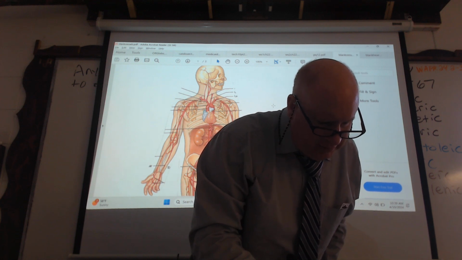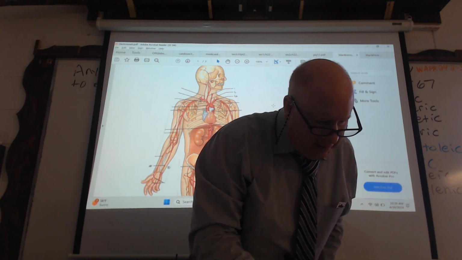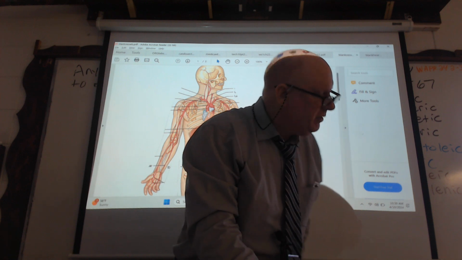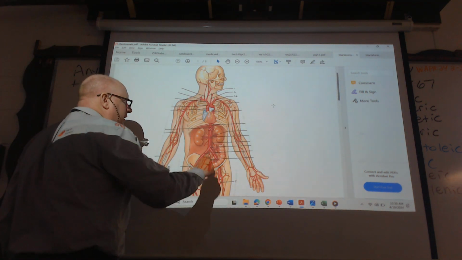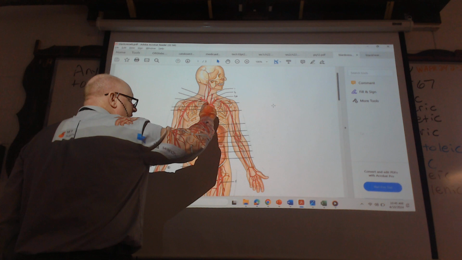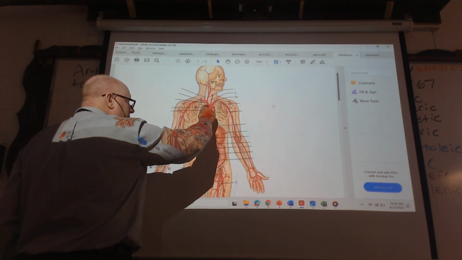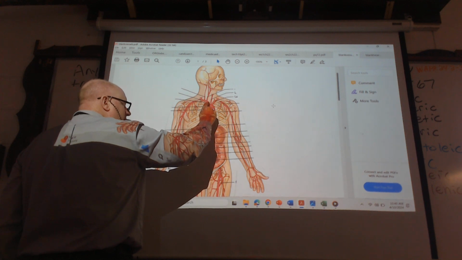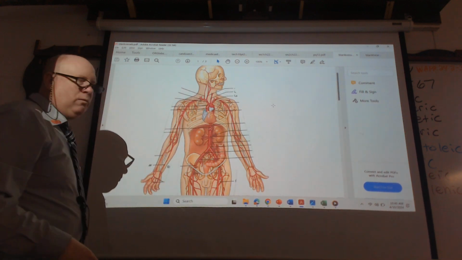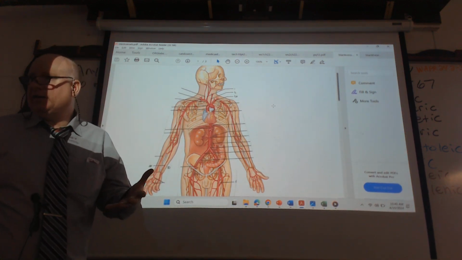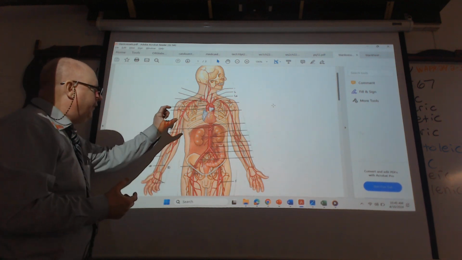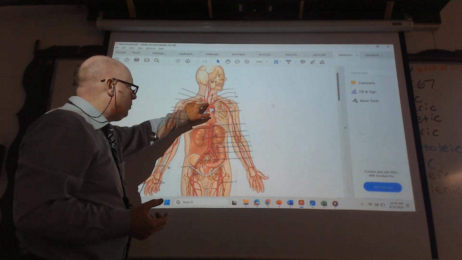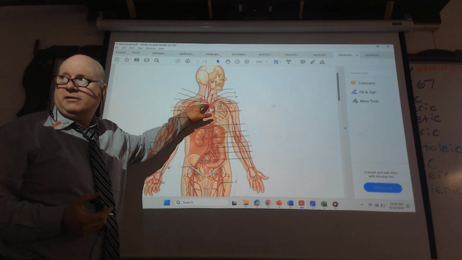So then the reason that it gets to be kind of tricky is because this has a specific name here. And the left side does not have this structure. Again, I can't tell you why. It's just the way we're designed, I guess you could say. This short little section is what we call the brachiocephalic trunk. Okay?